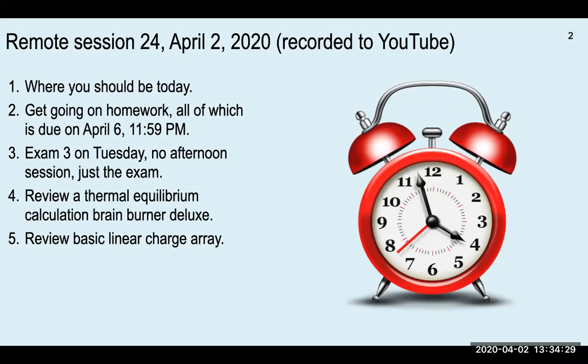Also, in regard to exam 3, I'm going to put a single bonus question in a separate mini exam. It's going to be a bonus brain burner, and it's going to be optional, but it will allow you to earn a few bonus points. It might be like a 3-point calculation.